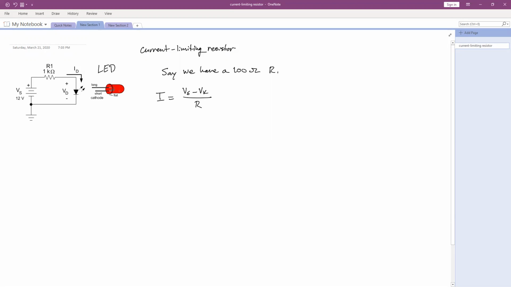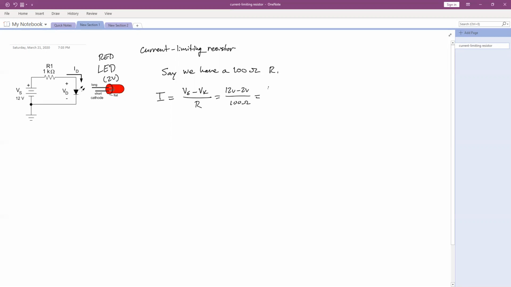We'll say that this is a red LED, so we should have a drop of about 2 volts for a red LED. And since we have a 12-volt supply, that means we're going to have 12 volts minus 2 volts divided by 100 ohms. So we're going to get a very high current.